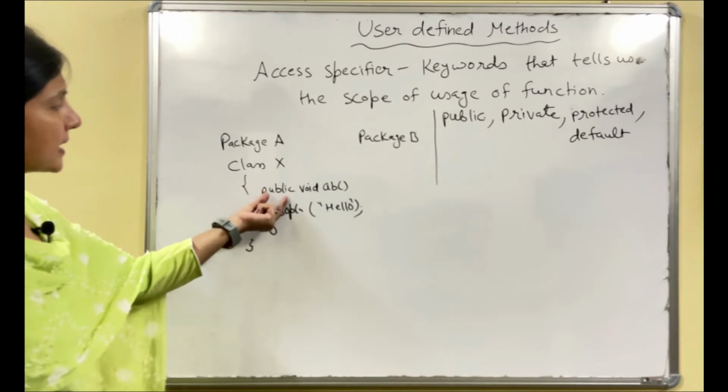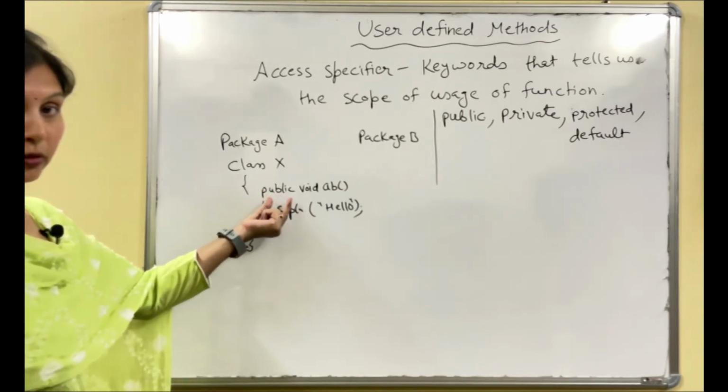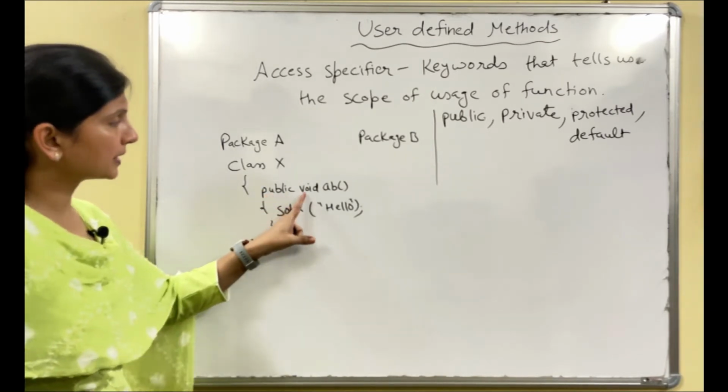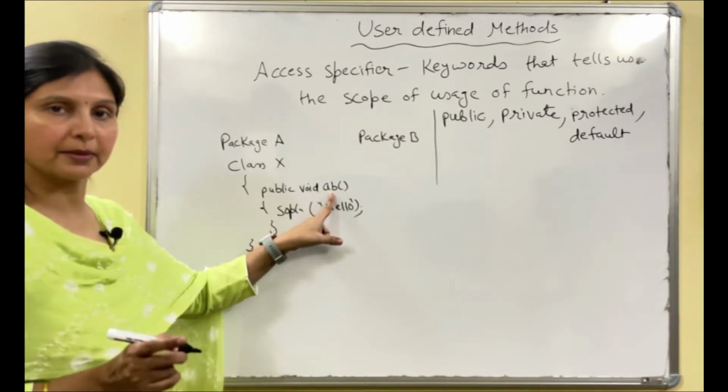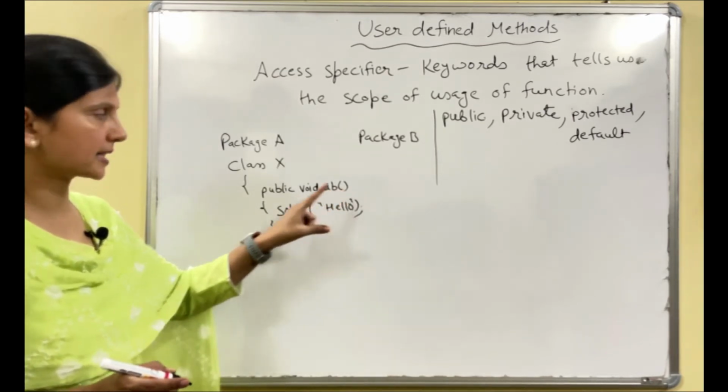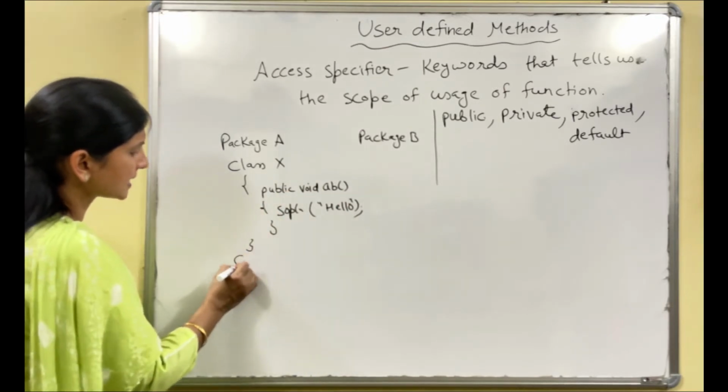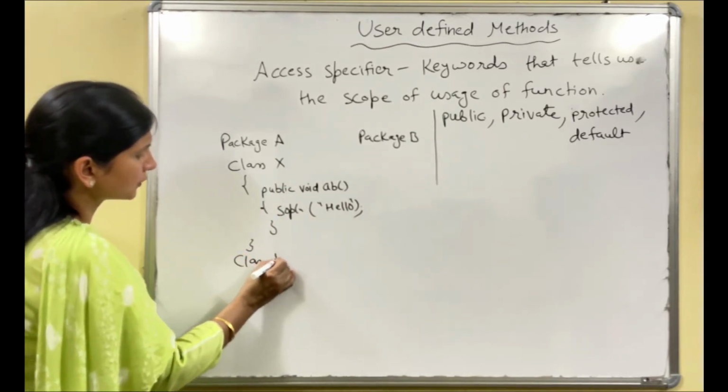So what is the syntax of it? Public, the access specifier we have used here, then the return type is void, and then function name AB, then the parentheses. Fine. One more class I am taking here because a package is a collection of classes.